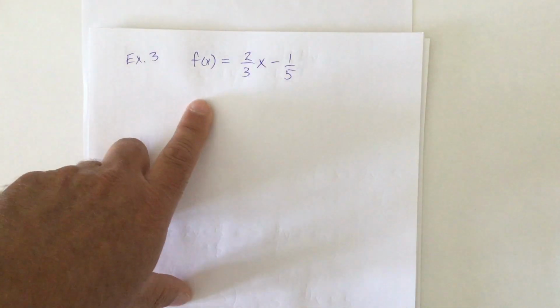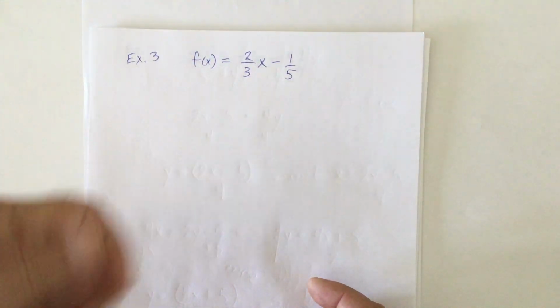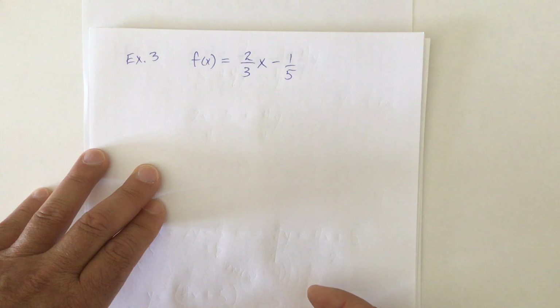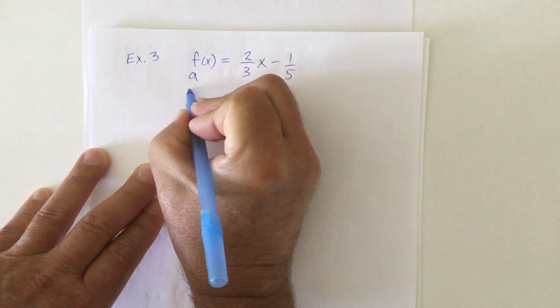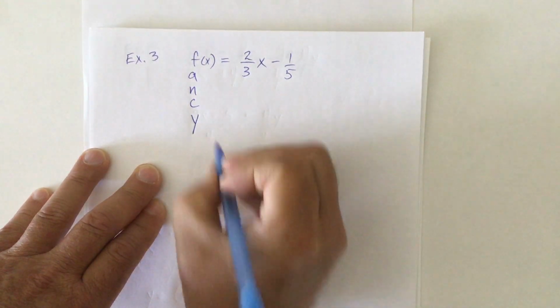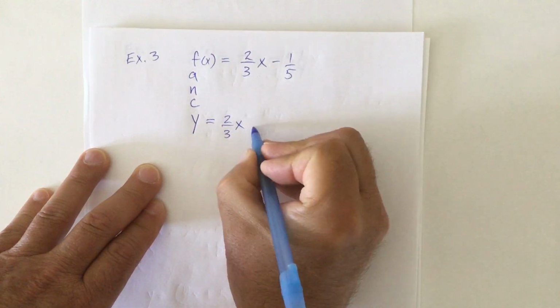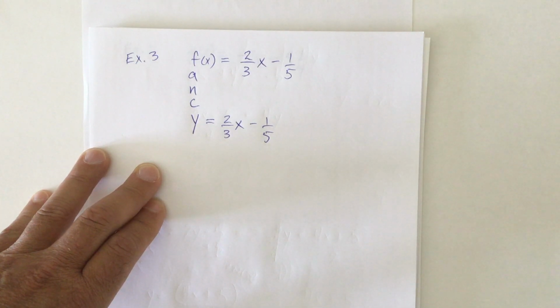First off, I could switch x and f of x. I could, but it looks icky. It looks really spooky. Remember, f of x is a fancy way to say y equals. So whenever I have to find an inverse, no matter what it is, I always rewrite it in y equals form.